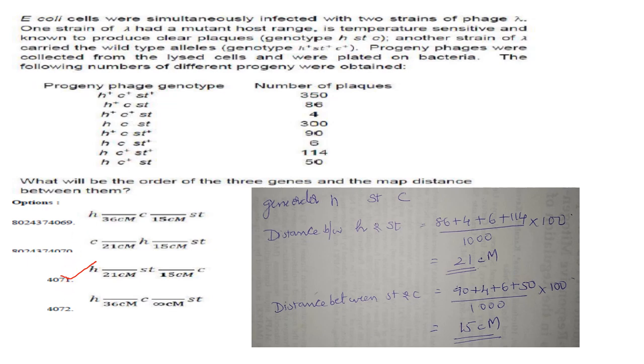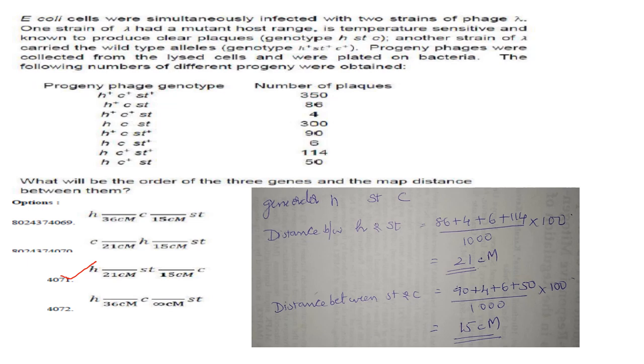Now if you see the options, H, ST, C is present in C only, and they have given the distance also. So once you have found the gene order, you need not calculate the distance between them, because that is the only option having H, ST, C as the gene order. But I have done the calculation.